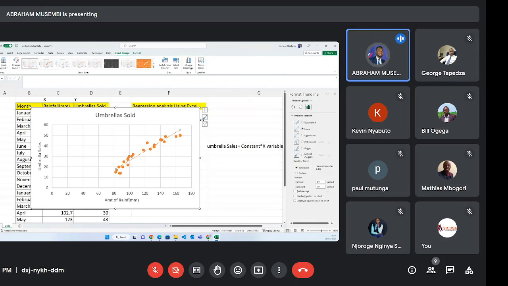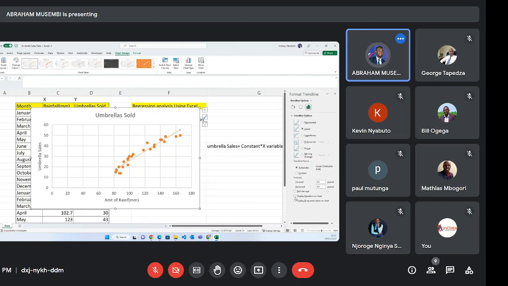For our case we need a linear relationship, and under it we can set the intercept. It's up to you to set. But for our case, I don't want to set the intercept.